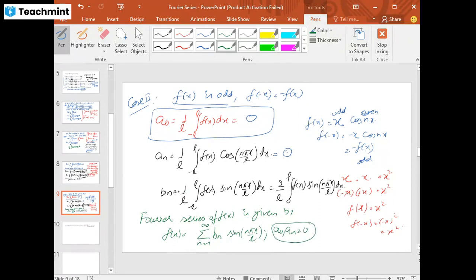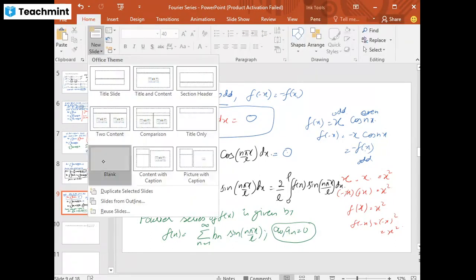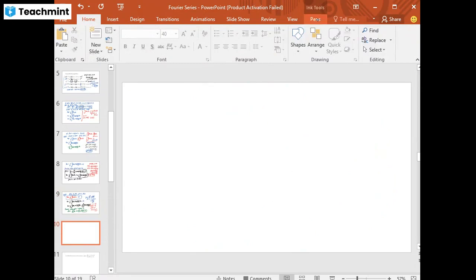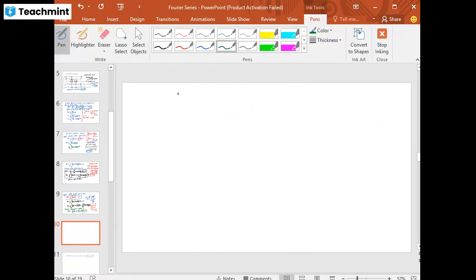So how do we calculate the value of bn? Here bn is calculated with the help of the formula bn equal to 2 upon L, integral from 0 to L f of x into sine of n pi x upon L dx.